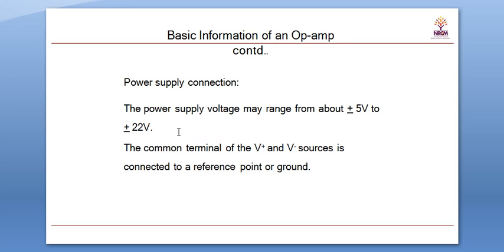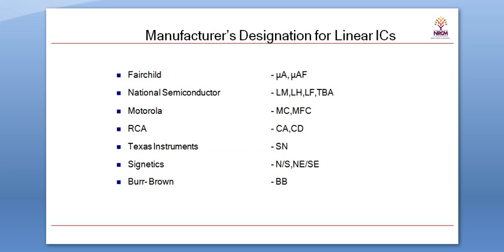So this is the information about the power supply connection and power requirement, and we will see the manufacturer's designation for linear ICs. Fairchild uses the notation mu A and mu AF. National Semiconductor uses the designation LM, LH, LF or TBA.